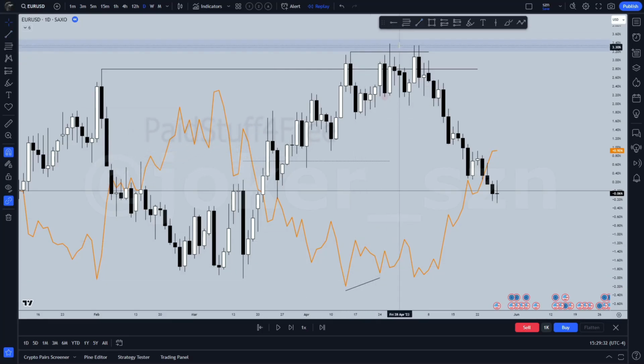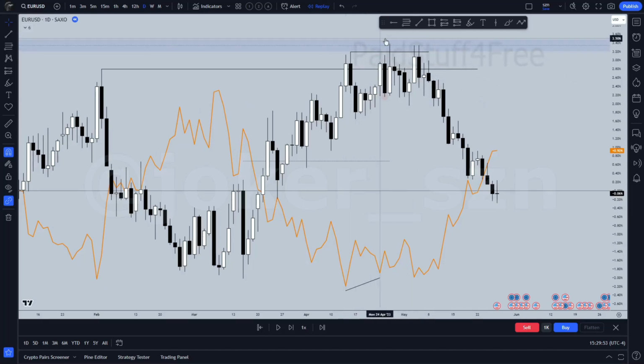But then once euro made a higher high, taking out, raiding the buy side right into this fair value gap, you can see that the dollar index failed to make a lower low. So at this point, we have an SMT divergence, or at least we can anticipate an SMT divergence.